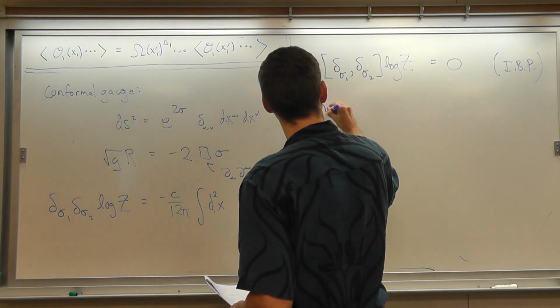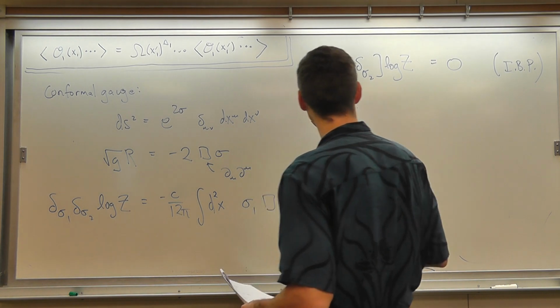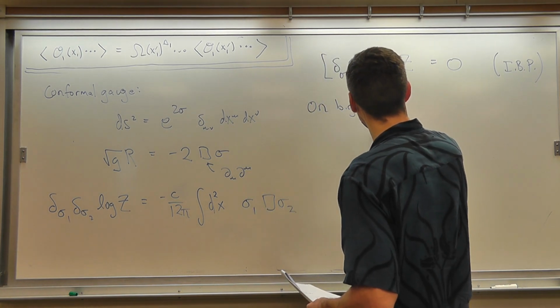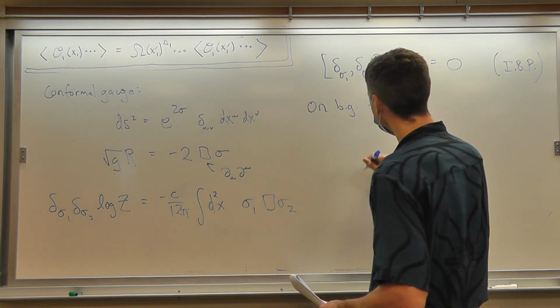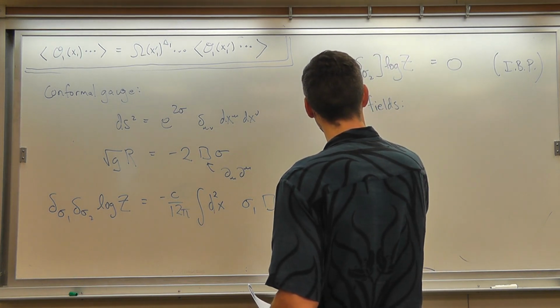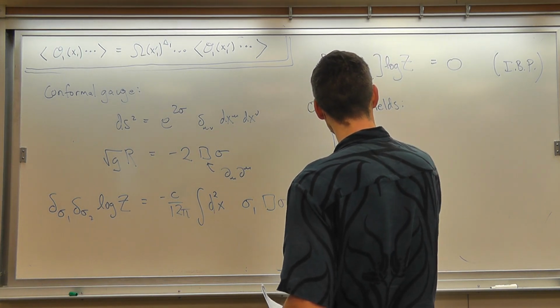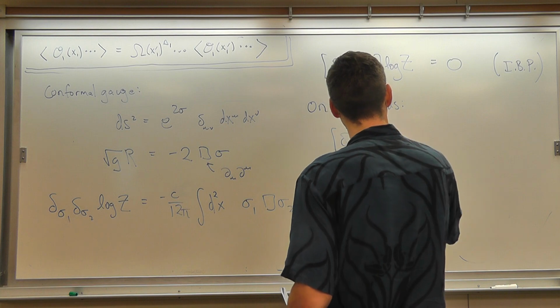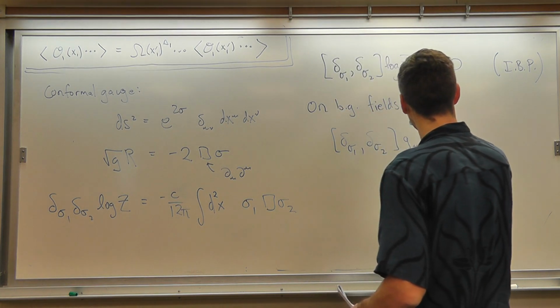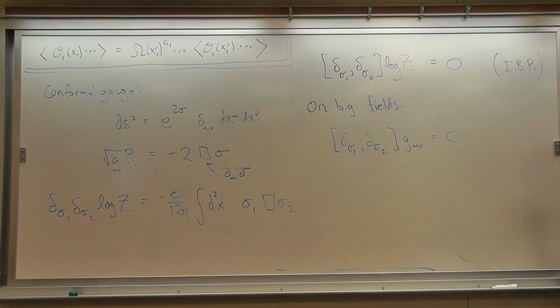So now we look at what this commutator actually does on the background fields, just by doing the variation twice. I'm not going to go through the algebra, but you just do the variation. We define the variation, you just do it again on the background fields.